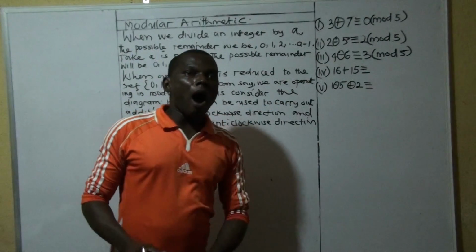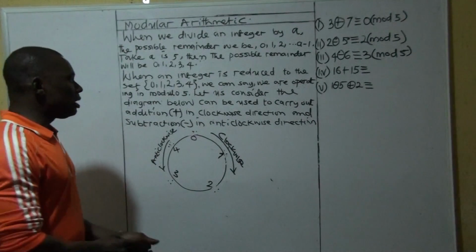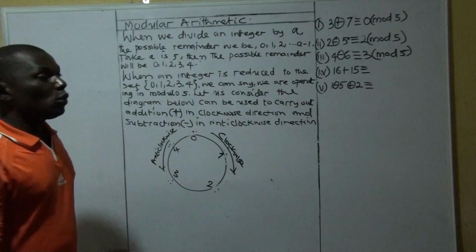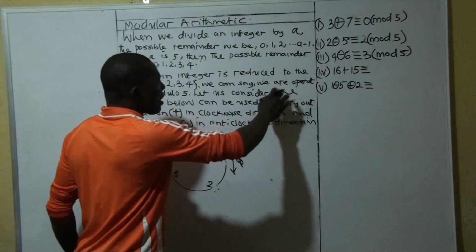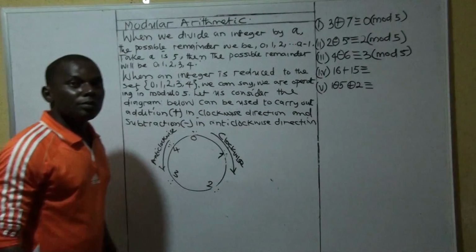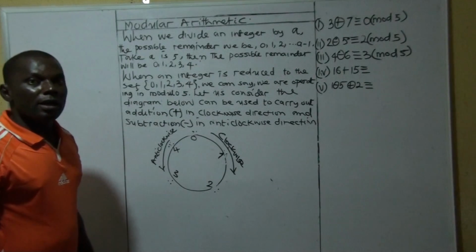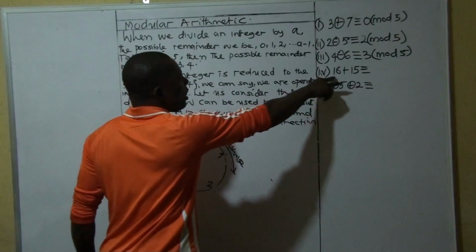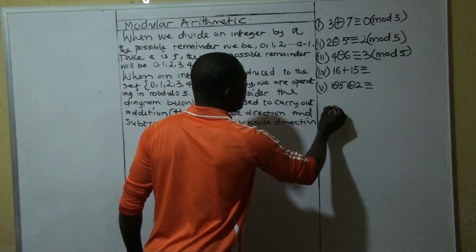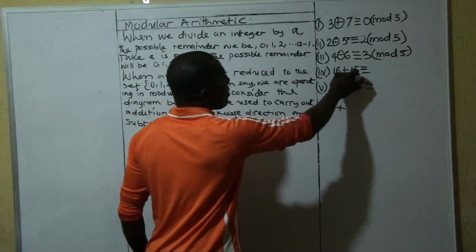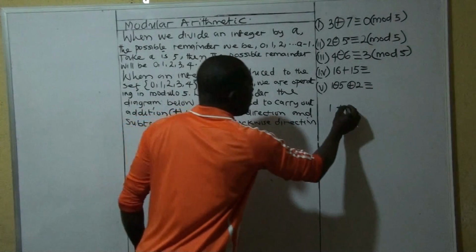Okay, look at this: 16 plus 15, and those numbers are not on the diagram. So how do we manipulate this? Very simple, we are looking at the remainder. We see how many 5s are contained in 16 and the remainder. We have three 5s and the remainder is 1. For 15, I know we are more concerned about the remainder, and the remainder is 0.